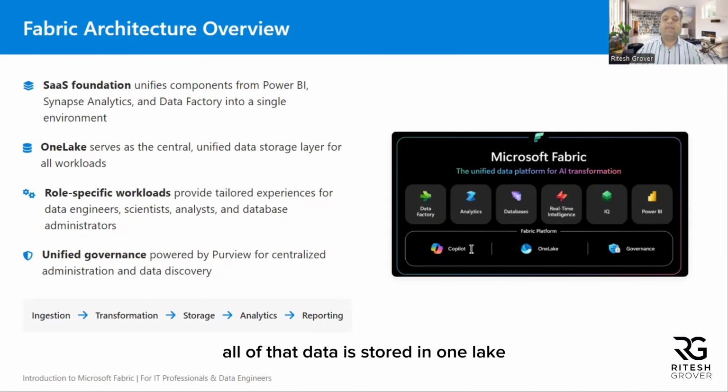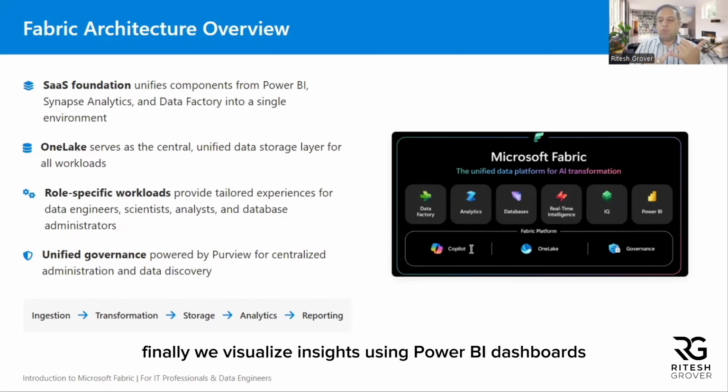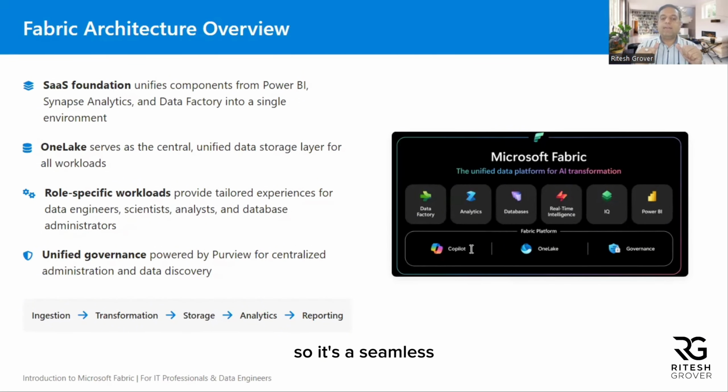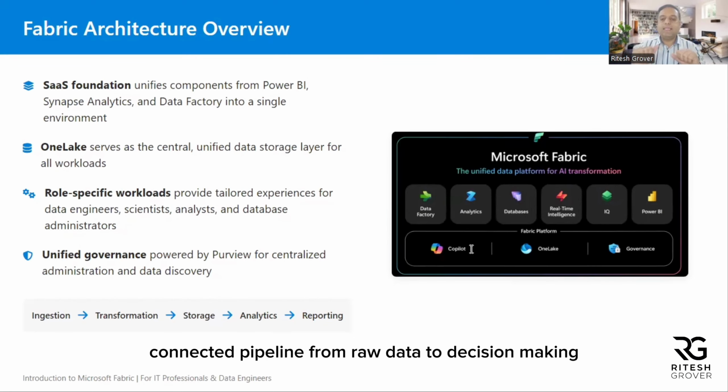All of the data is stored in OneLake, which acts as a single source of truth. From there, we can analyze data using Synapse Real Time Analytics or even build machine learning models using Synapse Data Science. Finally, we visualize insights using Power BI dashboards. So it's a seamless connected pipeline from raw data to decision making.